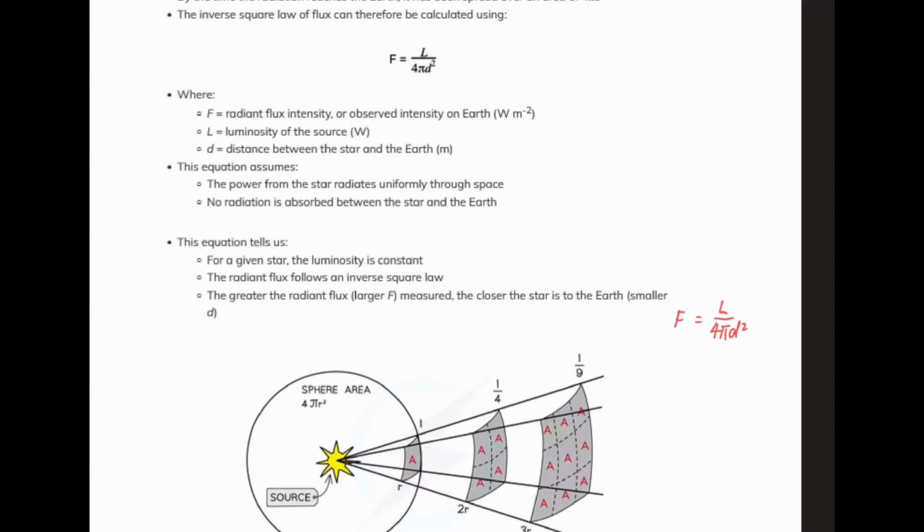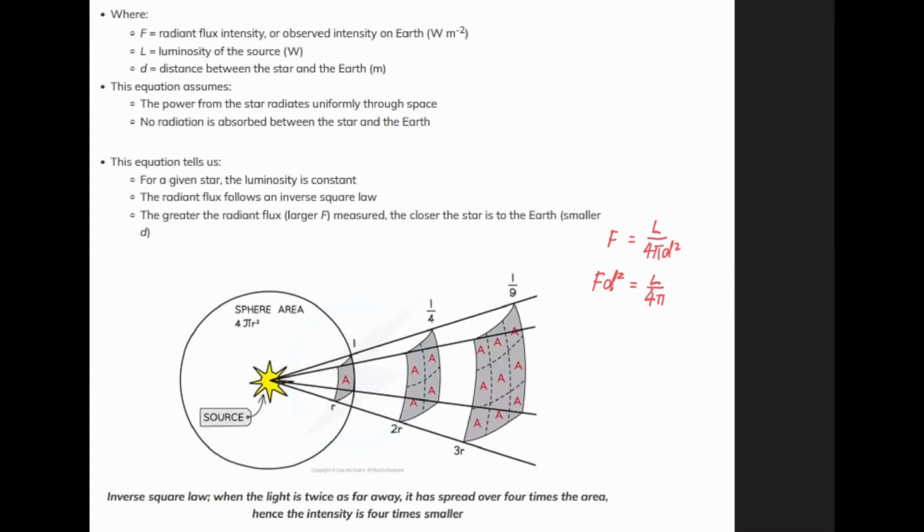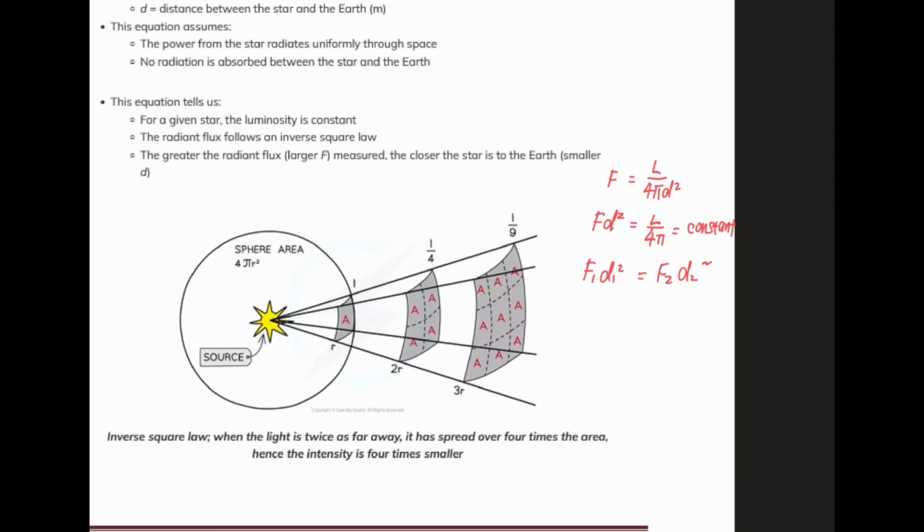So I can just leave the constants on one side: F d square equals L over 4 pi, which is a constant. Then from here, I can form F1 d1 square equals F2 d2 square. So I can form a formula in this particular way.